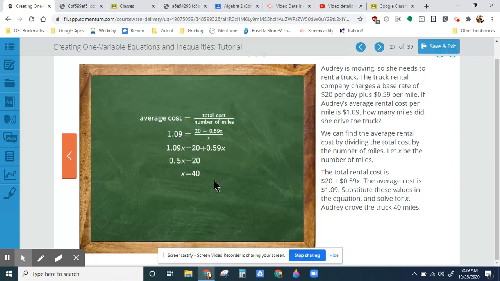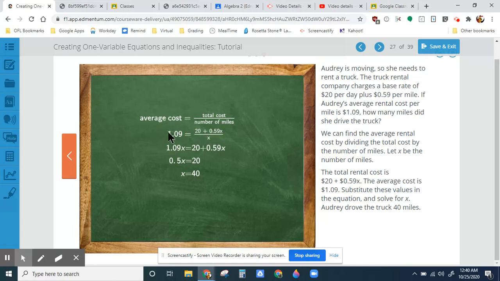So what we're going to do here is we're going to take this. So this is our cost per mile already. And we're going to figure out this formula. And we're going to try to figure out at what point are these equal to each other. So we're just going to set this equal to that. Our cost per day plus our cost per mile, divided by the number of miles, tells us our average cost.